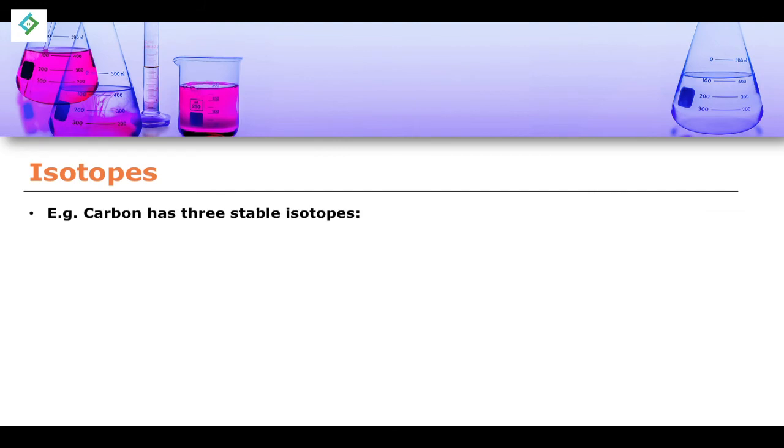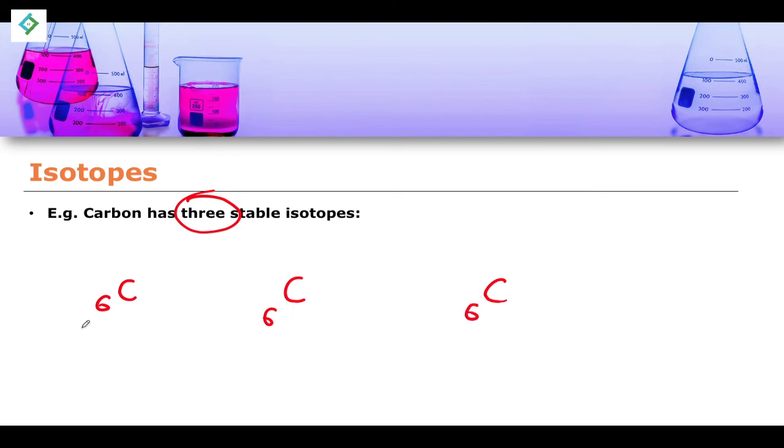Let's take an example of an element that is very important for chemistry, that is carbon, and the stable isotopes that carbon has. Carbon has 3 stable isotopes. If we write carbon here, we know already, if you have a look at your periodic table, that carbon has a proton number of 6. So all 3 of these isotopes will have the same number of protons.